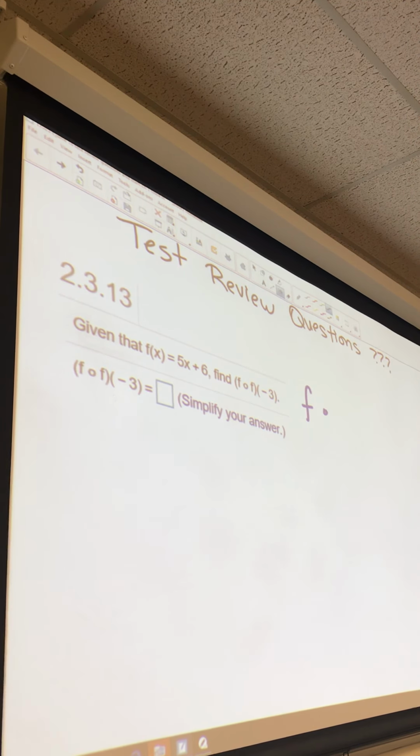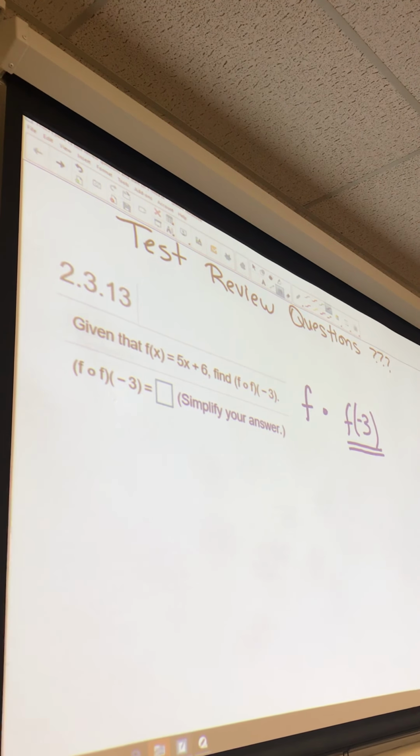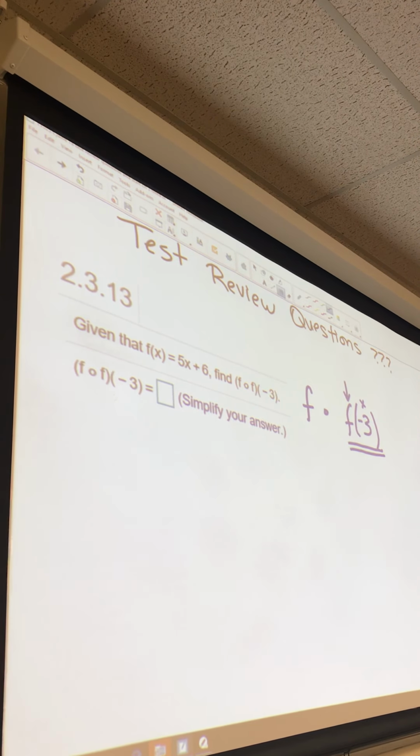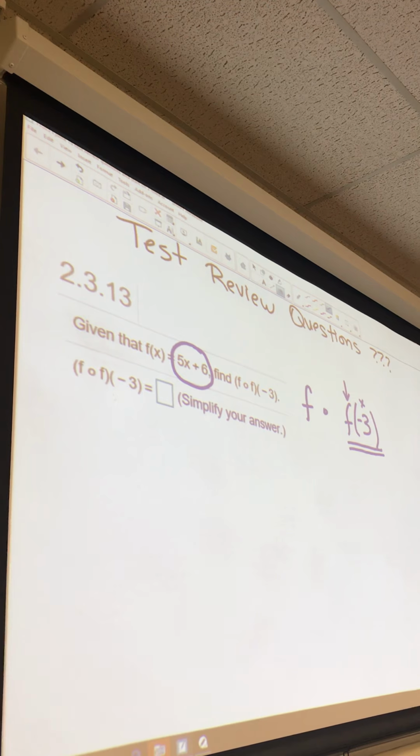So f of negative 3. With these, we said when we're composing that when we've got the particular number, we go back there and we want to evaluate it by plugging in this x number into the one that's right there hooked on it. So I'm coming over here to 5x plus 6, and I'm plugging in the negative 3.